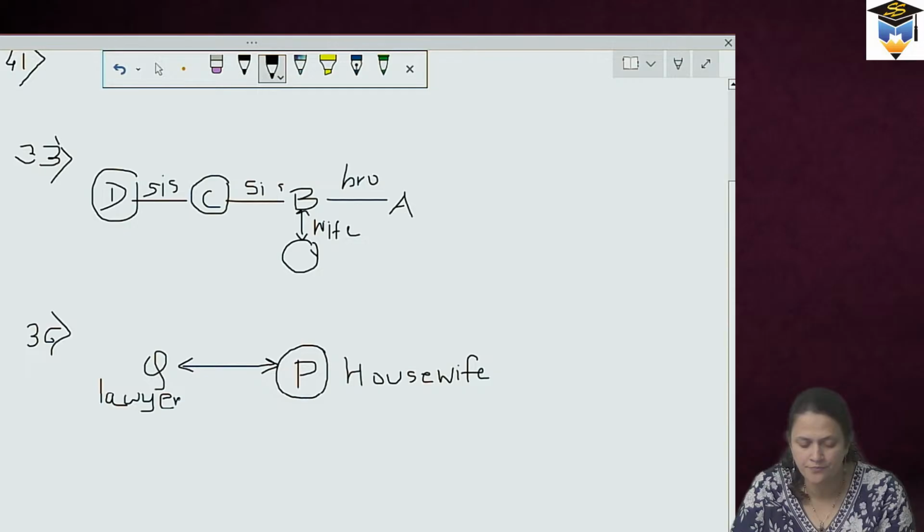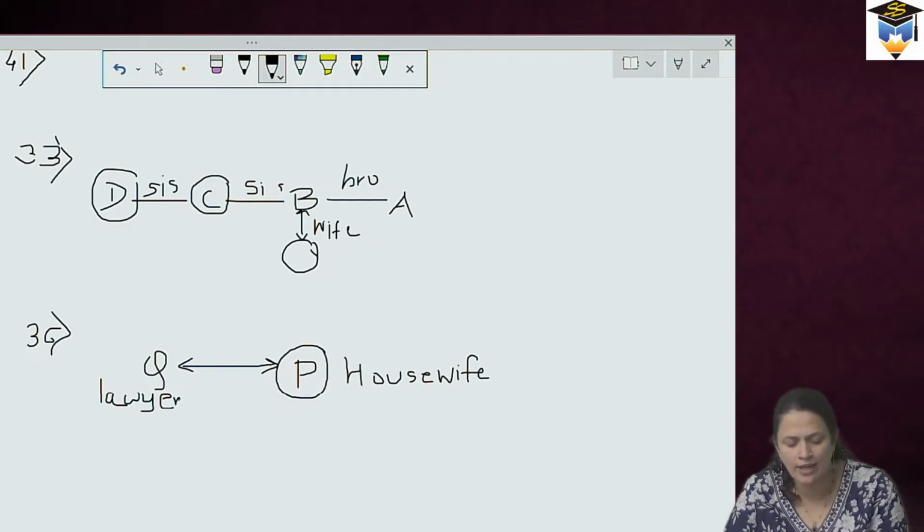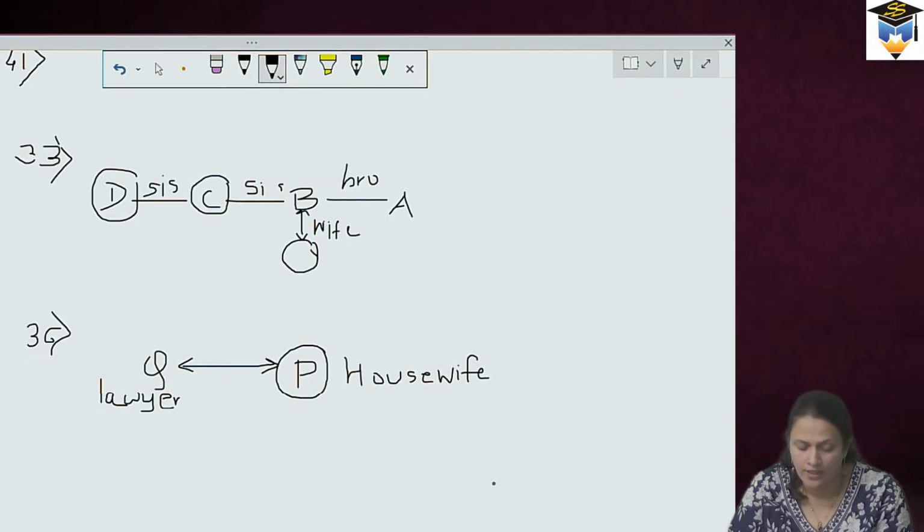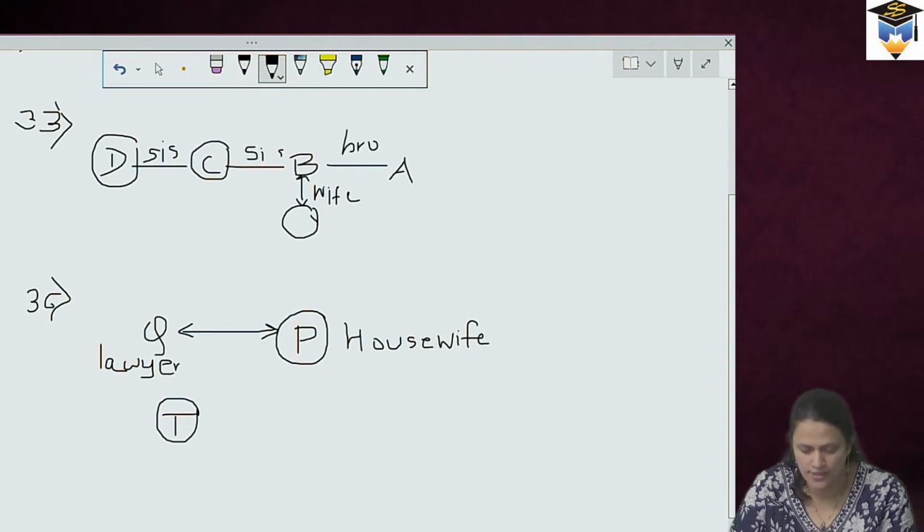Now they have given, there is one student and one male engineer in the family. From the given information, we will have to write the diagram. Then what is given to us? T is a teacher, who is a female, and one of the students is R, who is also female.